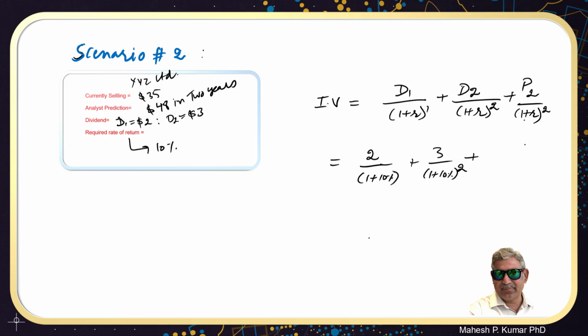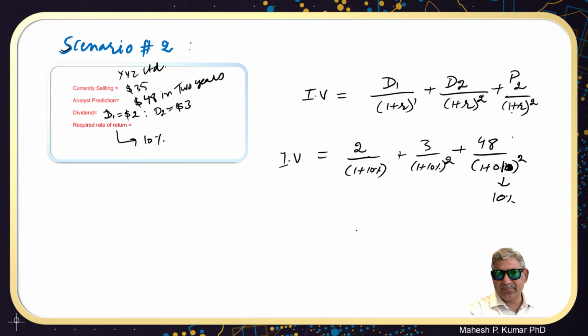After 2 years, this would be sold at $48, so this would be discounted at 10%, or 0.10, for 2 years. This is the intrinsic value of the share today. We can also call it V0 if we like.